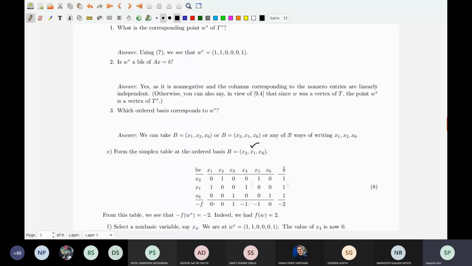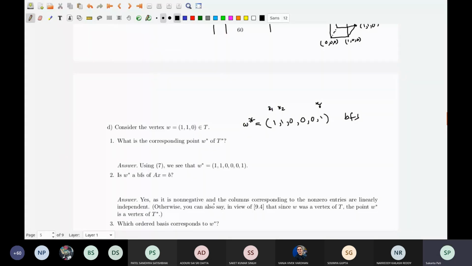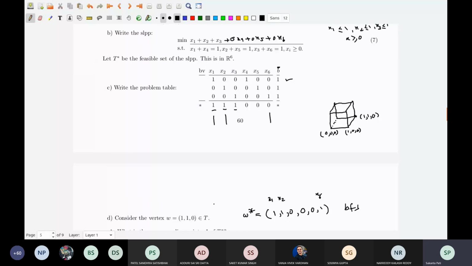So write the simplex table. You will write the simplex table X2, X1, X6. So let me straight away write the simplex table here, and I will use the first method only.